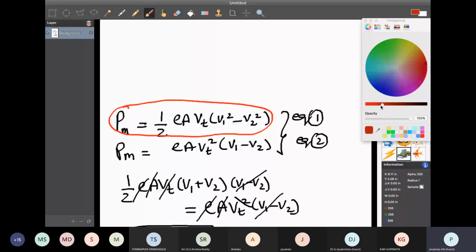Now Pm is equal to half rho A. In the place of Vt, I'll substitute V1 plus V2 by 2, and V1 square minus V2 square.